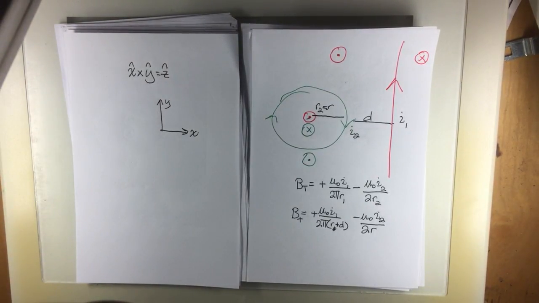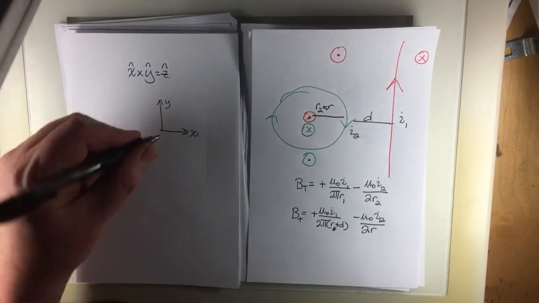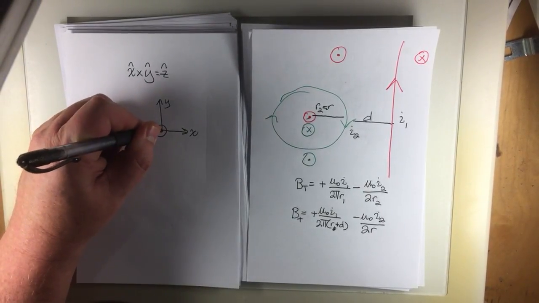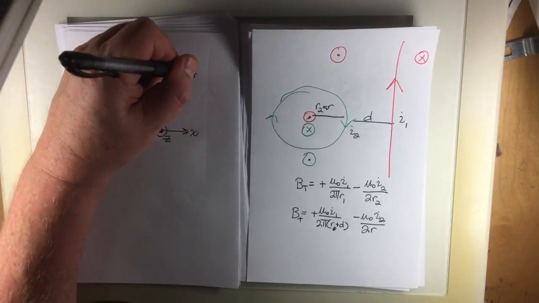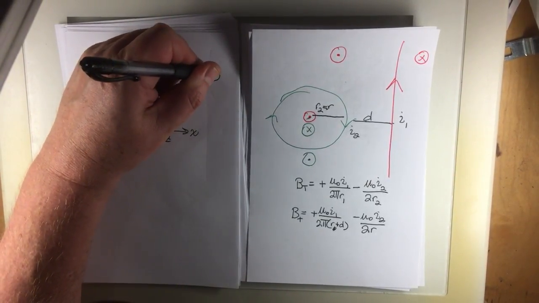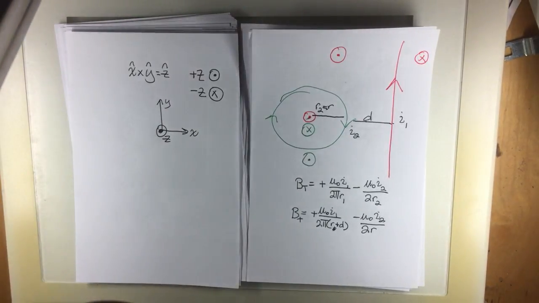So if X hat cross Y hat is Z hat, then Z is out of the board. So positive Z is out of the page and negative Z is into the page.